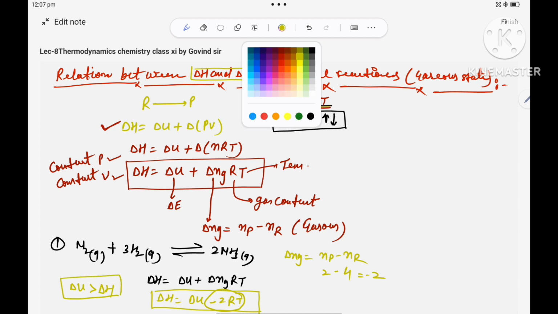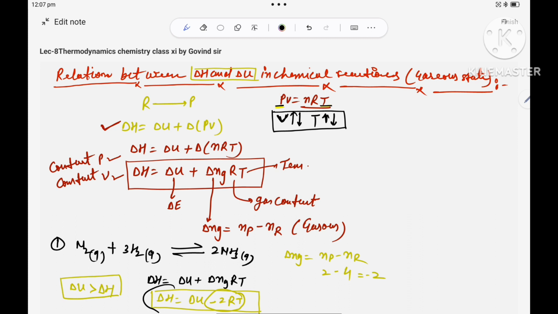Once again I am saying, delta H is equal to delta U minus RT. So you have to subtract something from the delta U value, then it is equal to delta H. So which one will be bigger? Delta U.